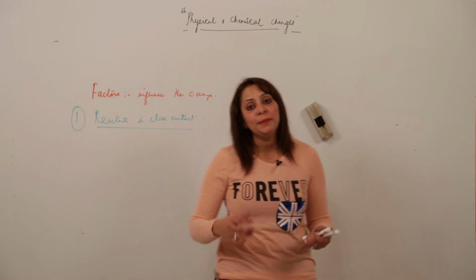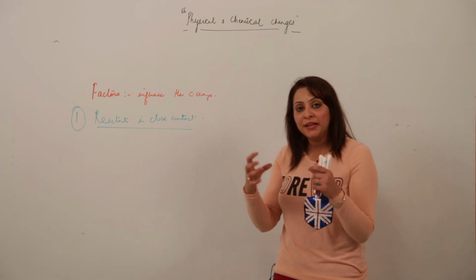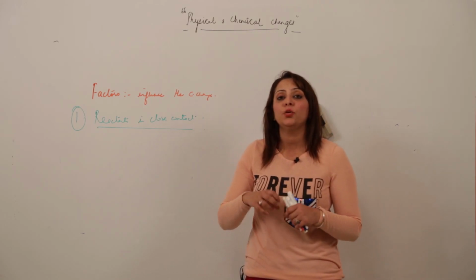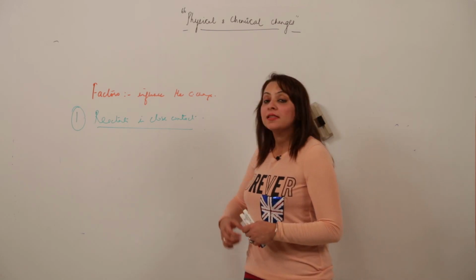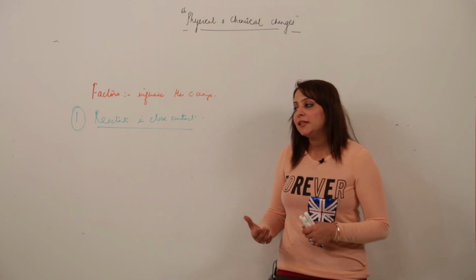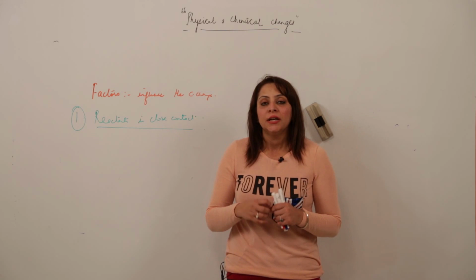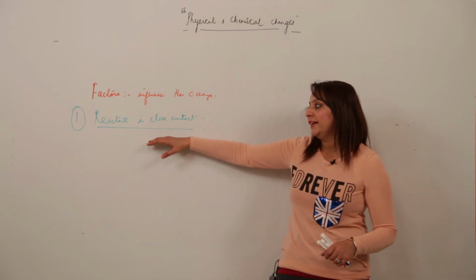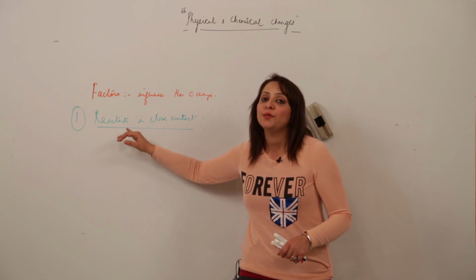We have to mix those things uniformly so that the reactants come in contact with each other, so that their old bonds are broken and new bonds are formed. So for the reaction to happen, the reactants must come in close contact with each other. That is the first criterion.